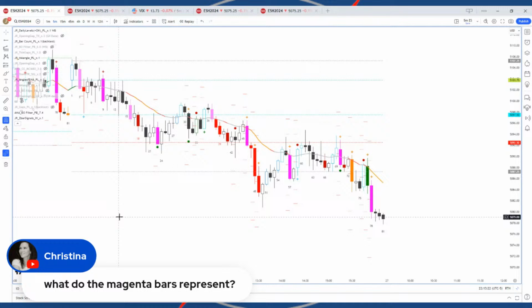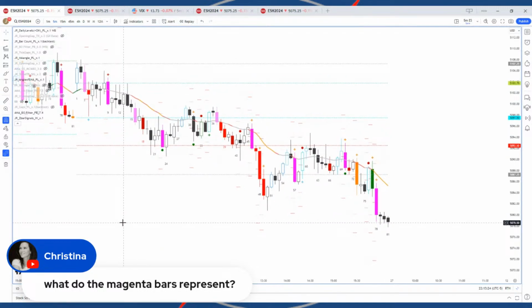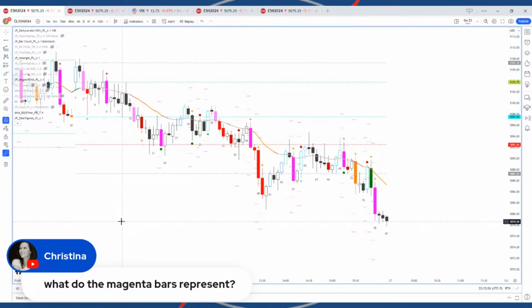Okay. So you'll see some similar signals here. But again, these are signals based only on Z-score. So here you'll see this is a sell above.